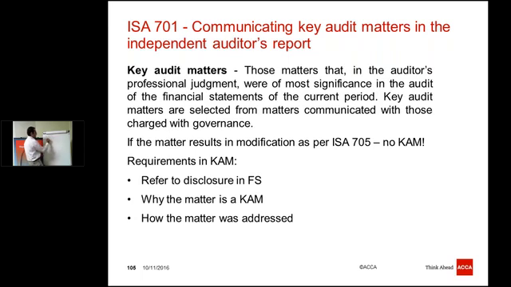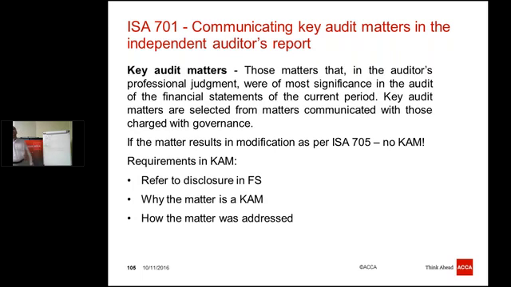So key audit matter number 1, and I describe what the key audit matter was and how I resolved it. Then I go to key audit matter number 2, and then I can go about describing that, and so on and so forth.